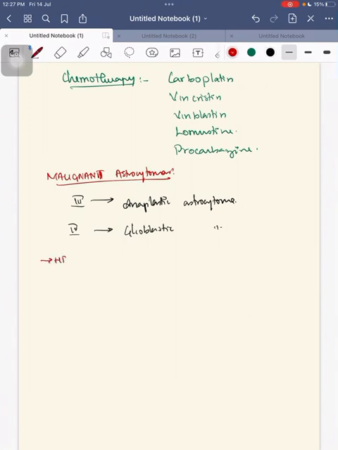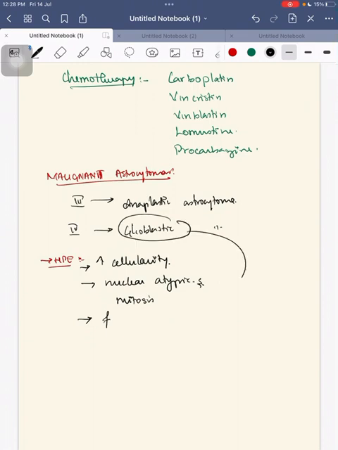The histopathological feature here, since it is a malignant form, is an increase in the cellularity with nuclear atypia and mitosis. Cellularity, nuclear atypia and mitosis. Plus, in glioblastic astrocytoma, the child will present with foci of tumor necrosis.